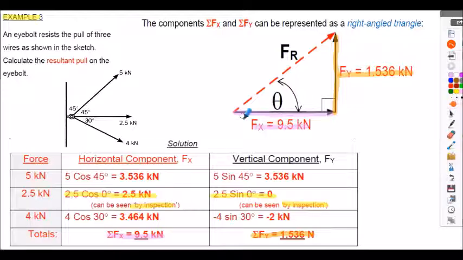So now from the beginning of our right angle triangle shown here, I can draw a line to the end of our triangle to show the resultant force. The length of that vector is its magnitude, and the angle theta from the horizontal is its direction. So on the next slide, we'll evaluate the resultant force Fr.